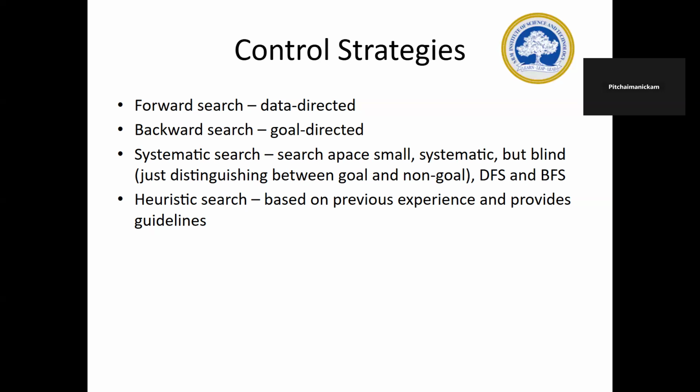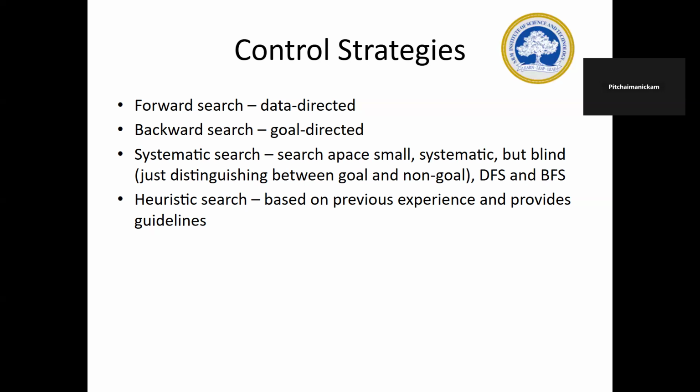The third aspect is the systematic search. The search space is very small and systematic, but it is very blind. One example is that there is no differentiation between the goal state and the non-goal state, so we need to find this kind of information. These are DFS and BFS, that is, the breadth first search and the depth first search.